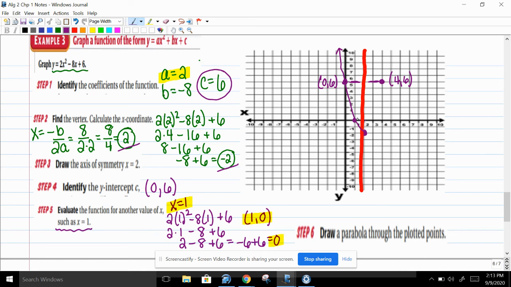You see that little space in between the graph and the axis of symmetry? That means I got another one over here that is 1 away. So I have (3, 0) over here, and you can see what the second half of the graph looks like. And that's step number 6: your last step is to draw the parabola through the plotted points.